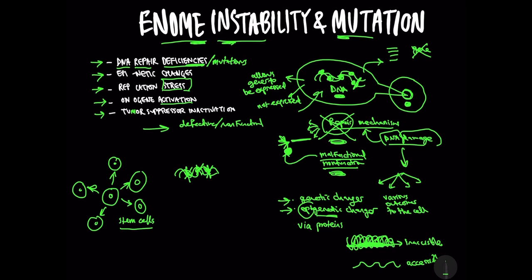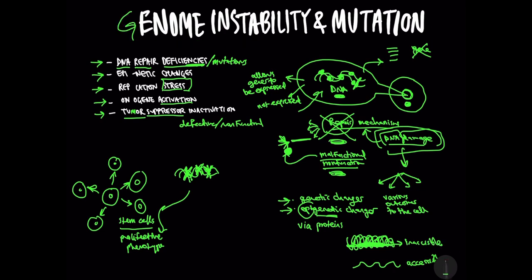As opposed to oncogenes, which once they are hyperactive, then you have this proliferative phenotype, in case of tumor suppressors, once they are inactivated via DNA damage mechanisms or types, then you have this sort of proliferative phenotype.